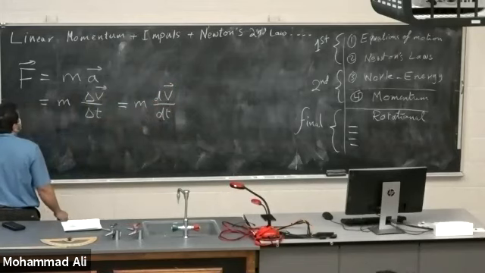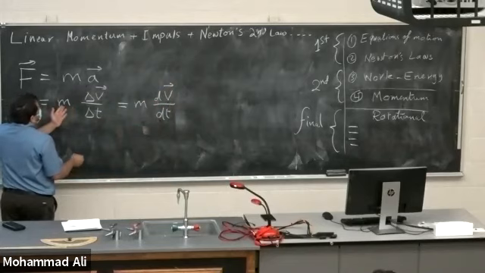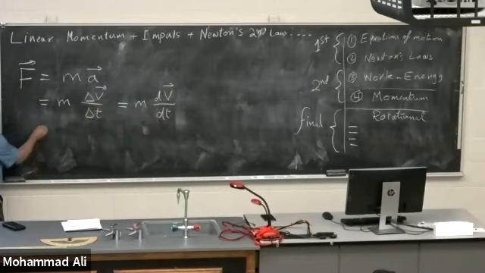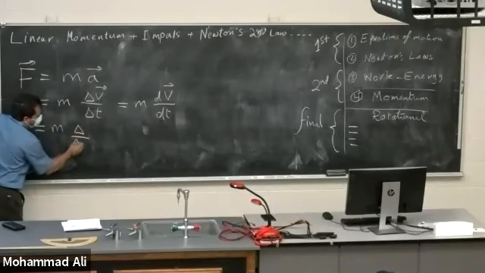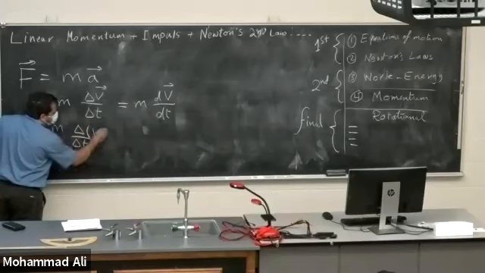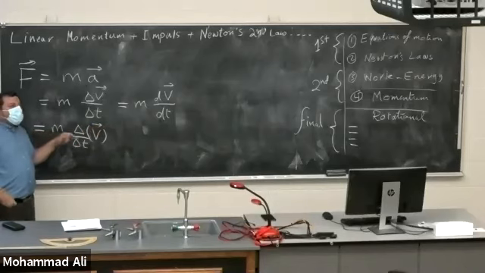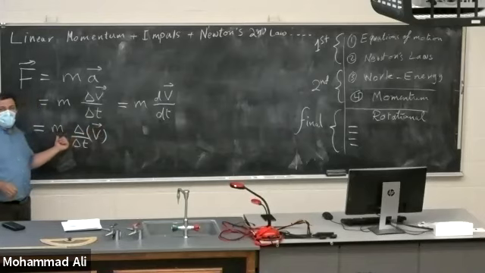Now, any change in the velocity, we can write it like this. This is the mass. This is the change over the change in time applied on the velocity.